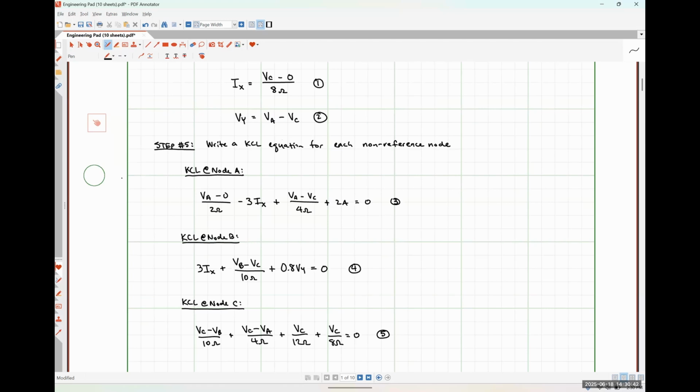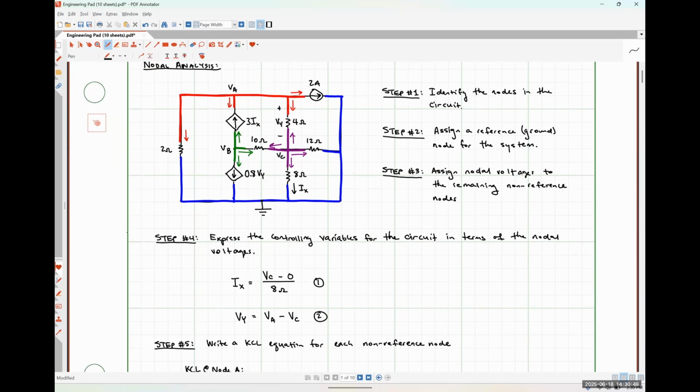So I have written 5 equations. How many total unknown quantities do I have? So I think I have 5 unknowns. I have my 2 controlling variables and my 3 nodal voltages.